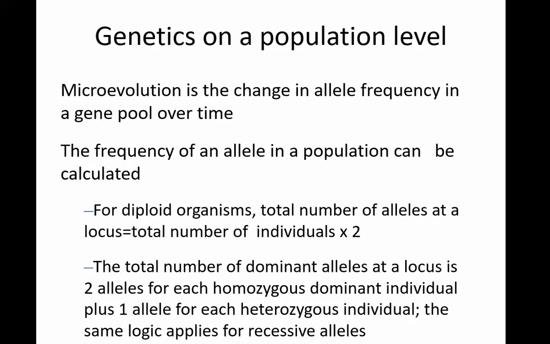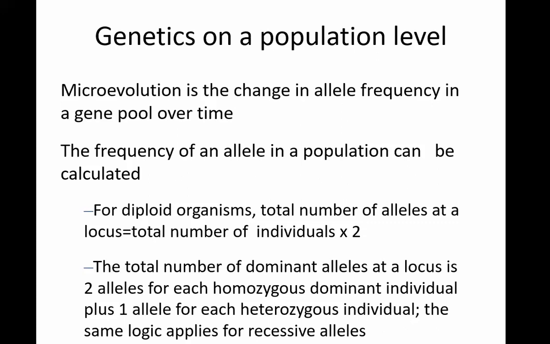So the total number of dominant alleles at a locus is going to be 2 alleles for each homozygous dominant individual in the population, because remember, they're each going to have 2 dominant alleles, plus 1 allele for each heterozygous individual, because they only have 1.